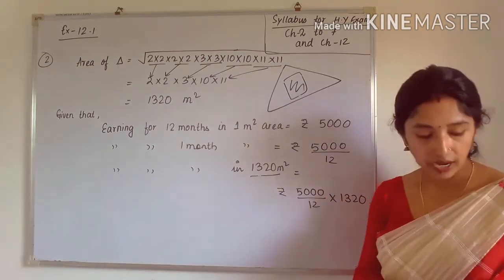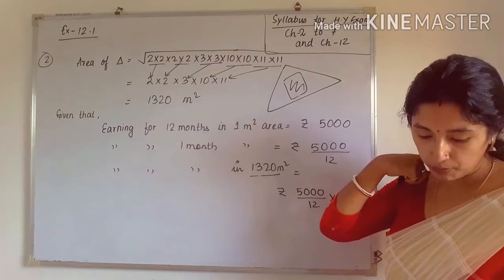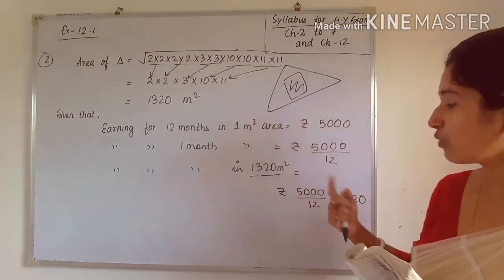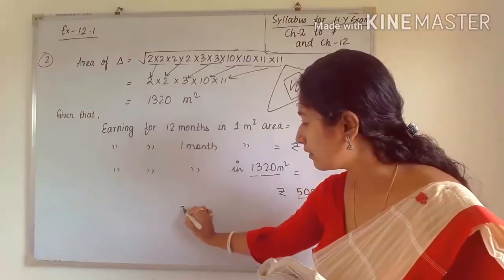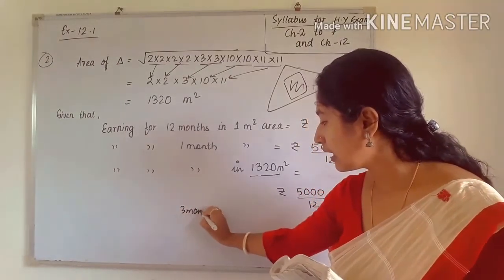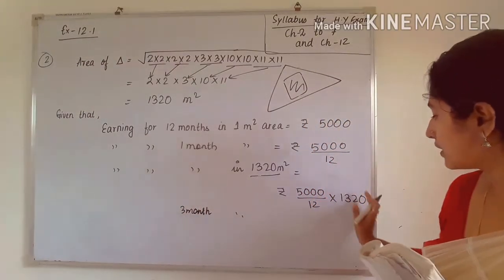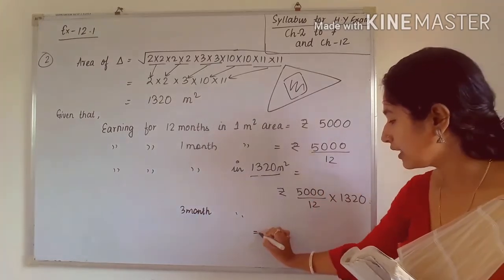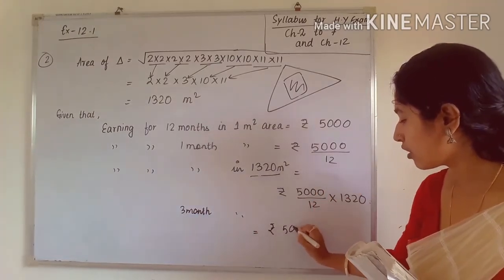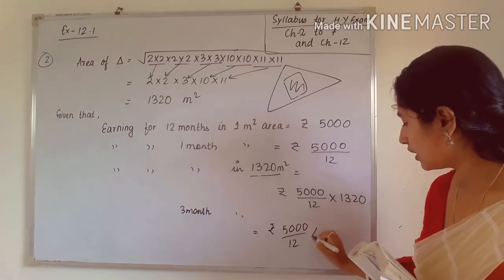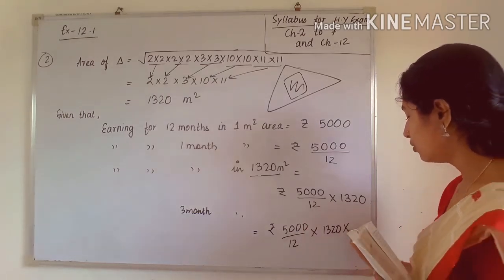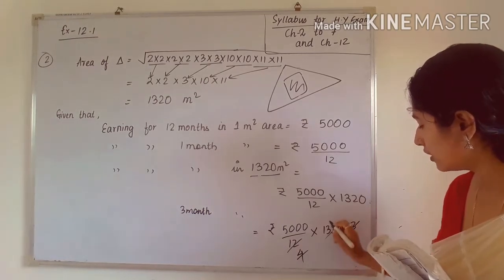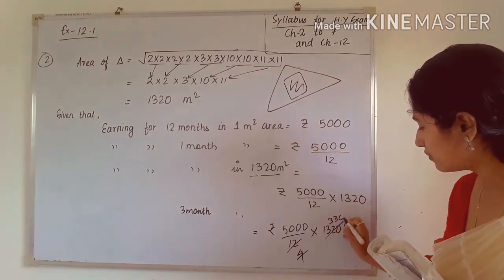Next, it is given that a company hired one of its walls for 3 months. That means we have to find for 3 months. So if we write here 3 months, then again we have to multiply this much cost with 3. So finally the answer will be 5000 by 12 into 1320 into 3. Let us cancel out: 4 3s are 12, again 4 3s are 12, 0.